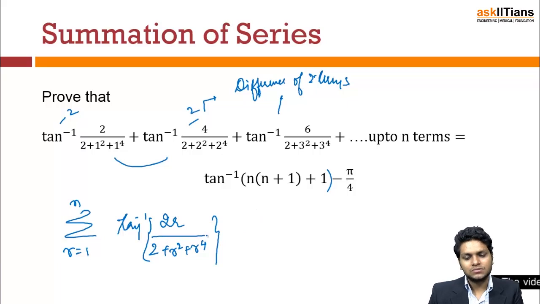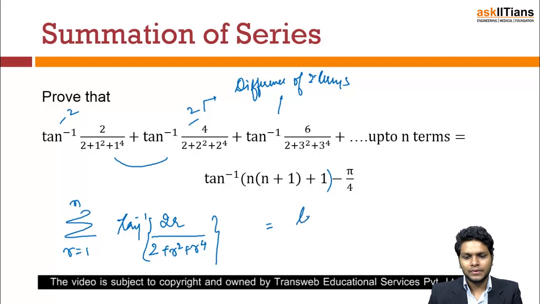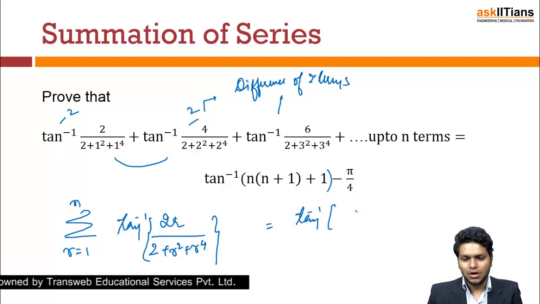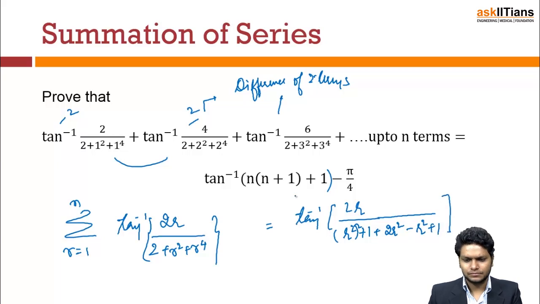Okay, the deal seems tough, but let's see if we can crack it or not. So this can be written as tan inverse 2r, leave it as it is, but let's come to the denominator. Can I say that this is written as r square plus 1 or something, r square plus 1 plus 2r square, and then I have to write minus r square plus 1, something like this.